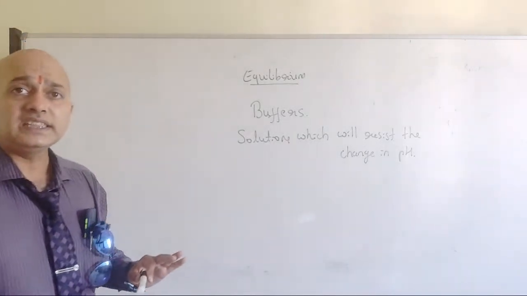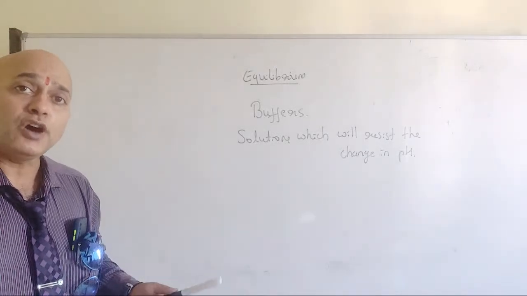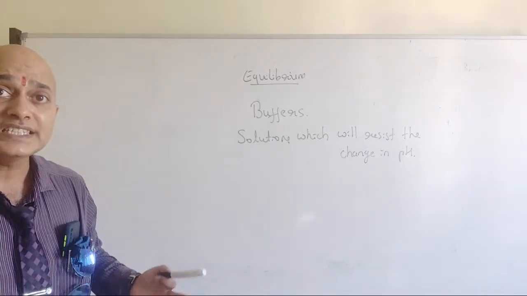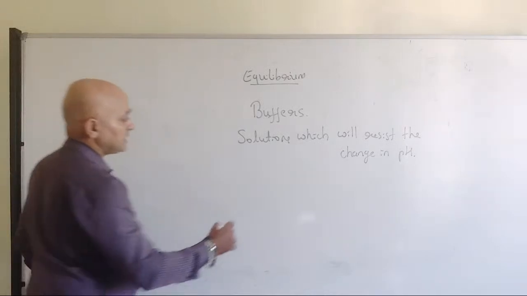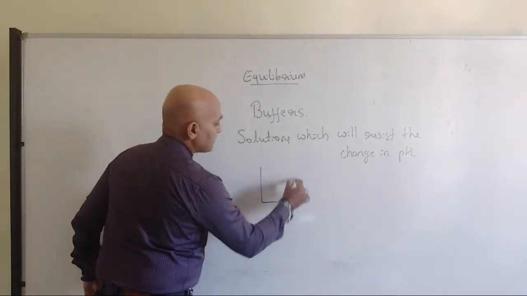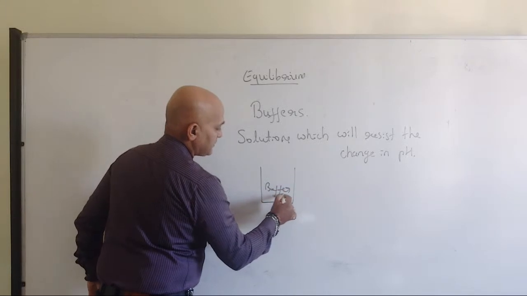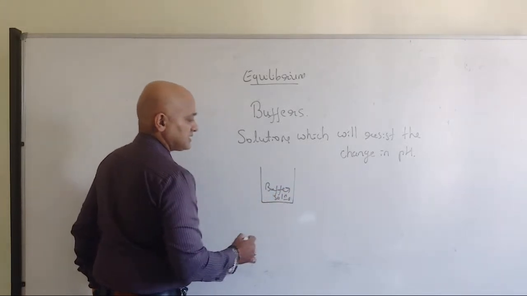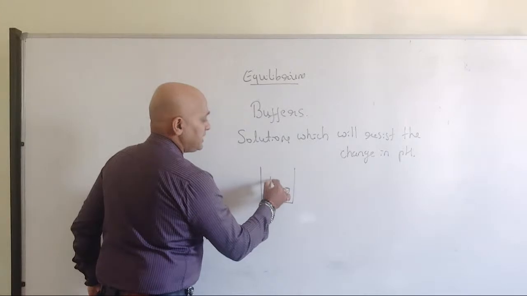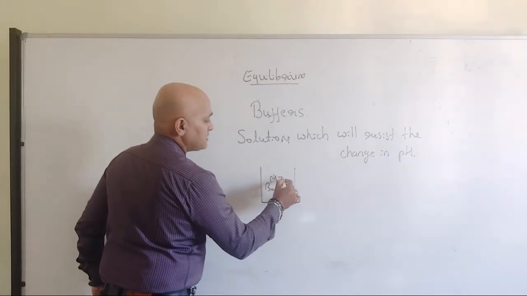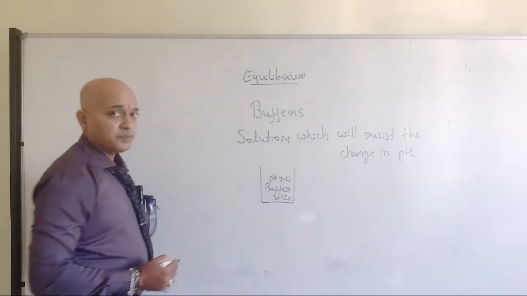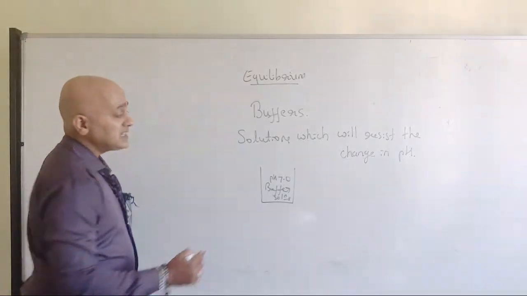How come they are going to resist the change in pH? So what I mean to tell you is, I have a buffer solution. Now the pH might be somewhere around 7.